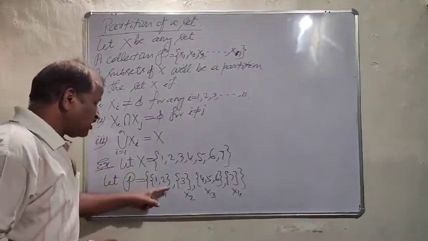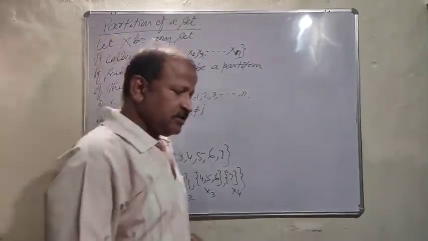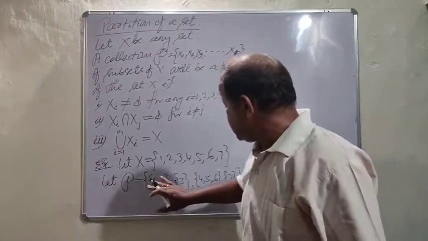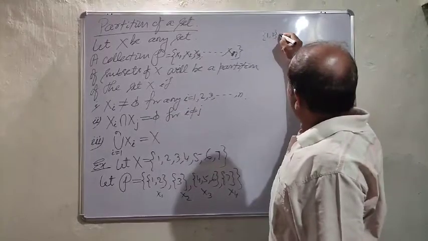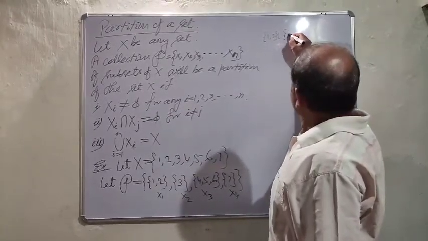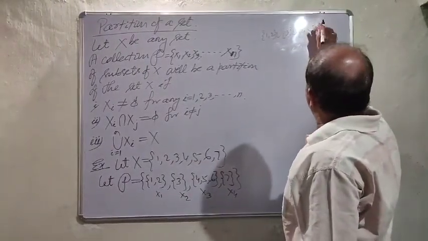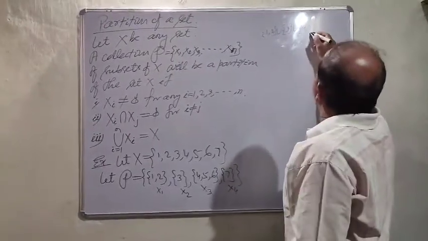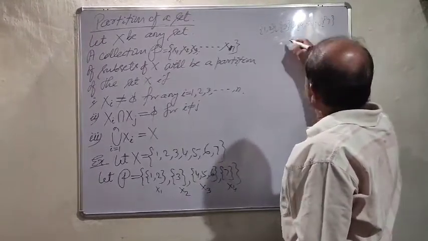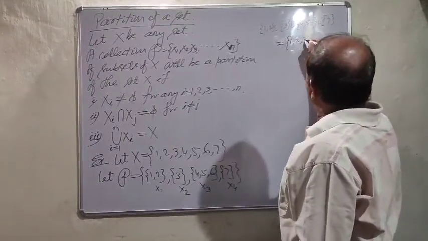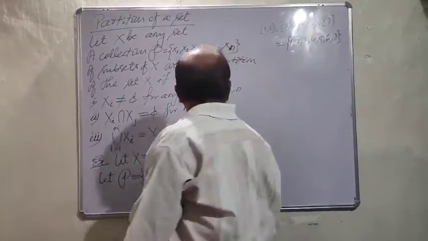And you see, the union of all these is equal to X. That means {1, 2} union {3} union {4, 5, 6} union {7} is equal to 1, 2, 3, 4, 5, 6, 7. So now it is X.